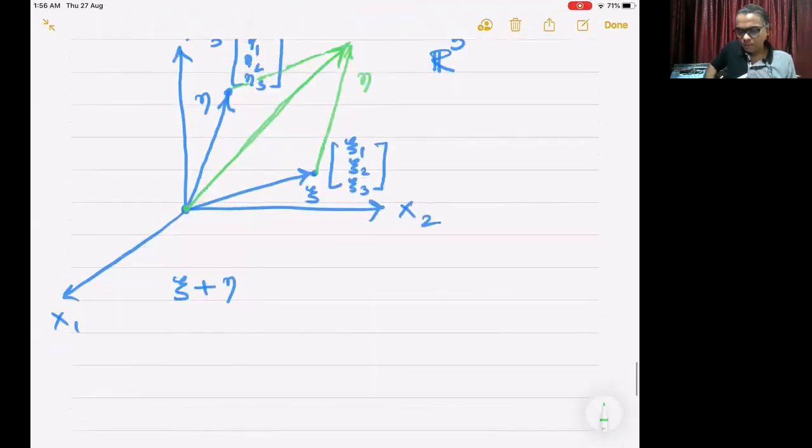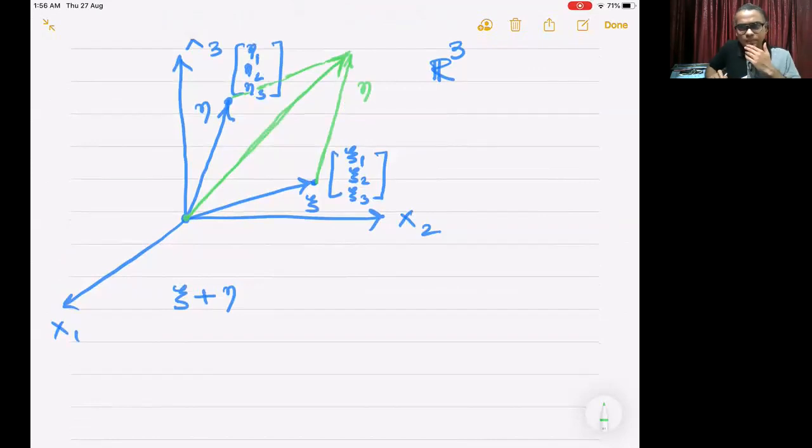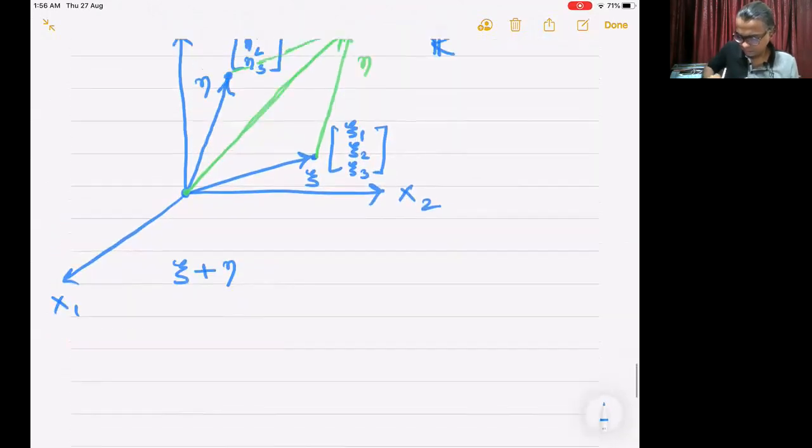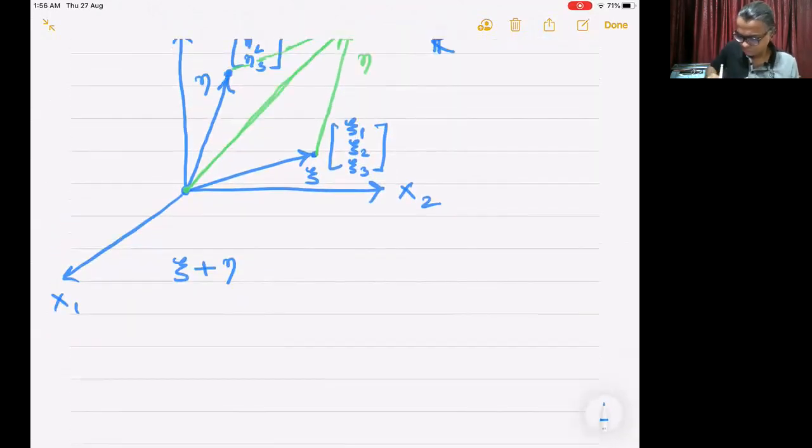Now, let us look at this in terms of these numbers, xi1, xi2, xi3, and eta1, eta2, eta3. Notice that xi1, xi2, xi3 happens to be the following.